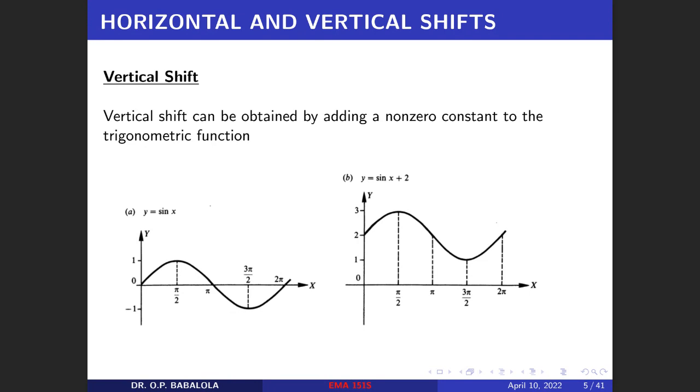If you add -3, can someone please tell me in which direction this graph will be shifted, and by what value on the y-axis? Suppose we have y equal to sine x plus -3. Okay, thank you. 3 units downward, and that's correct.